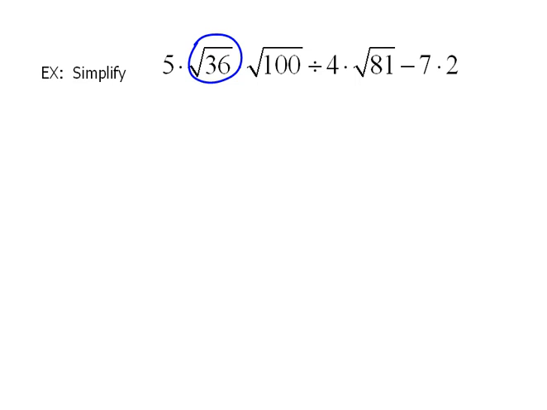Well, if you'll remember from our discussion about exponents and square rooting, the squaring moves one direction and square rooting moves the other direction. Squaring and square rooting are opposite operations from each other. Just like multiplication and division are opposite operations, and addition and subtraction are opposite operations, squaring and square rooting are also.